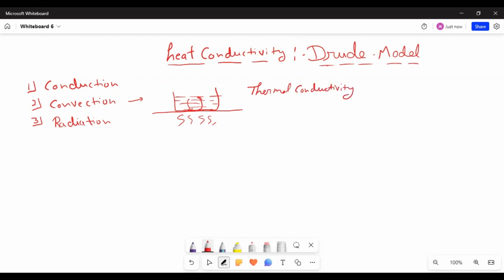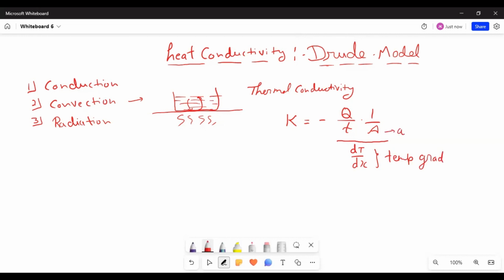It is defined with the symbol K. It is the negative of heat per unit time per unit area per unit temperature gradient.